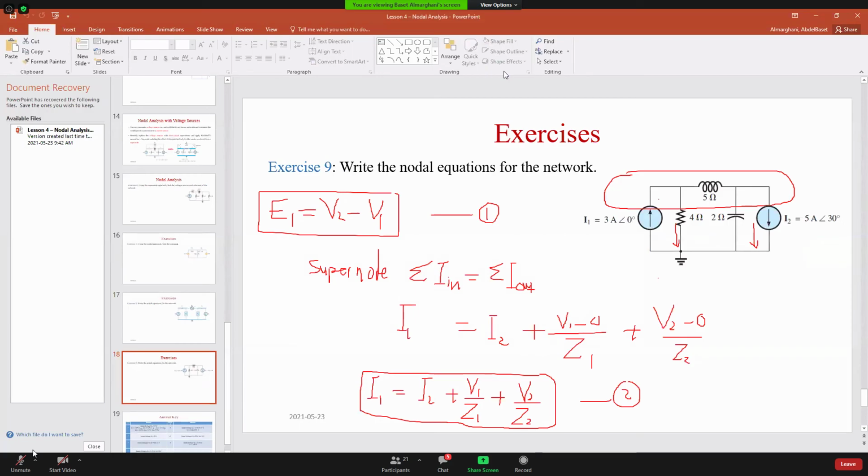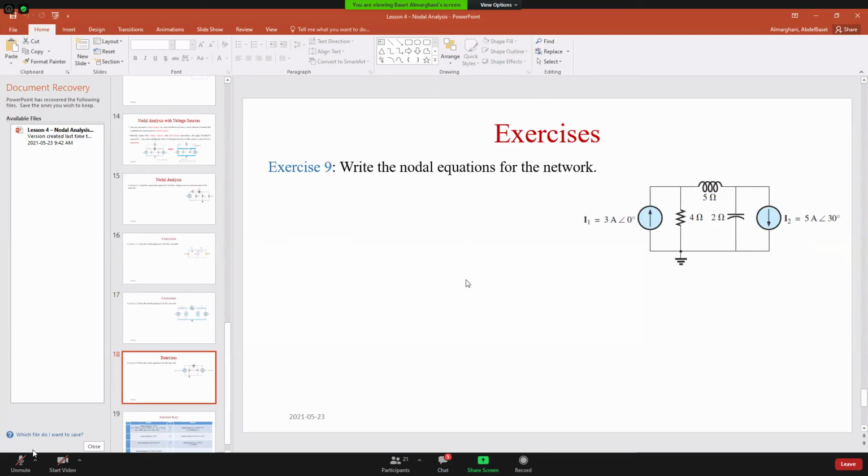Again, it says only write the nodal equations, so you don't have to solve them. So here, this is the reference. Everything connected to it will have the same voltage. So this is V0.